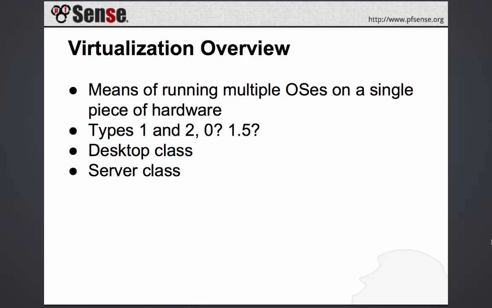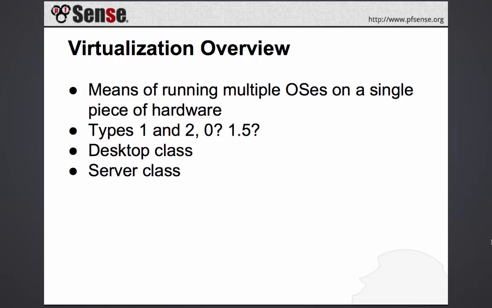So just a brief overview of virtualization. We don't really have time to get into great depth, but to just set up expectations of what we're talking about. A hypervisor is just a means of running multiple operating systems on a single piece of hardware. There's a variety of types.